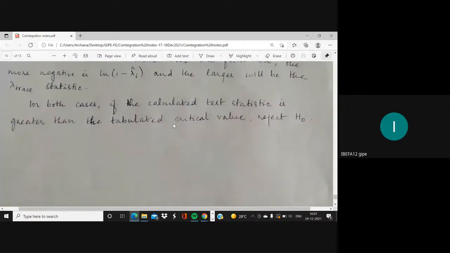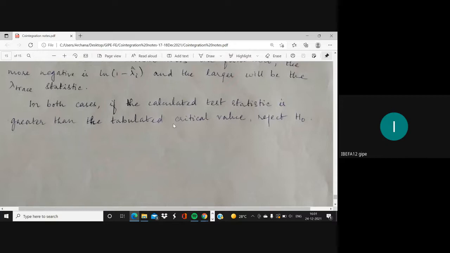When you're looking for the critical values for the Johansen test, the table has different sets of critical values. If you're including a drift term, or any sort of deterministic regressors in your regression, then the critical values are slightly different. If you're including a constant, it's different. If you're including a trend, it will be slightly different.